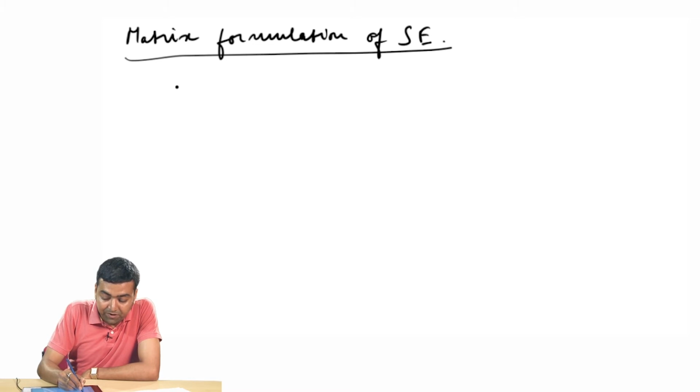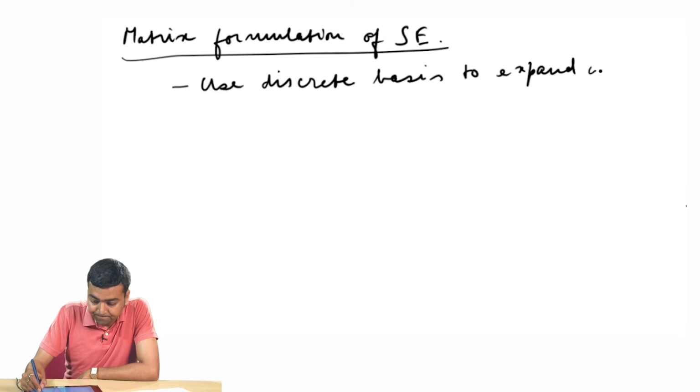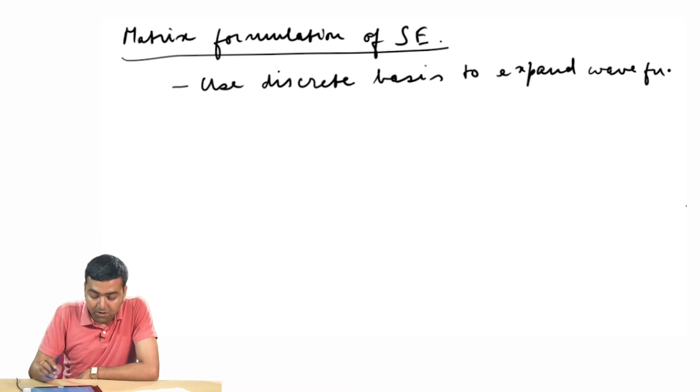So, we use a discrete basis to expand the wave function, instead of using a continuous basis, which is typically done when you try to solve it analytically.